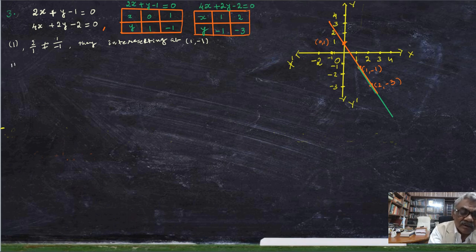The second one: in the second equation, 2 by 4 equal to 1 by 2 is not equal to the ratio of constants, minus 1 by minus 8.